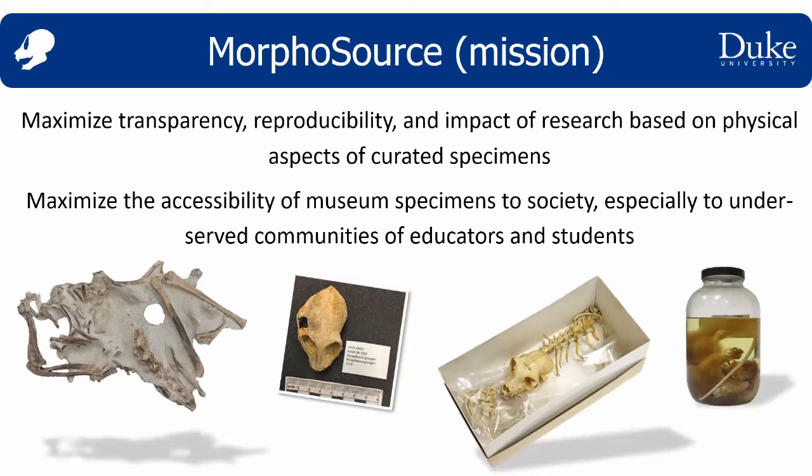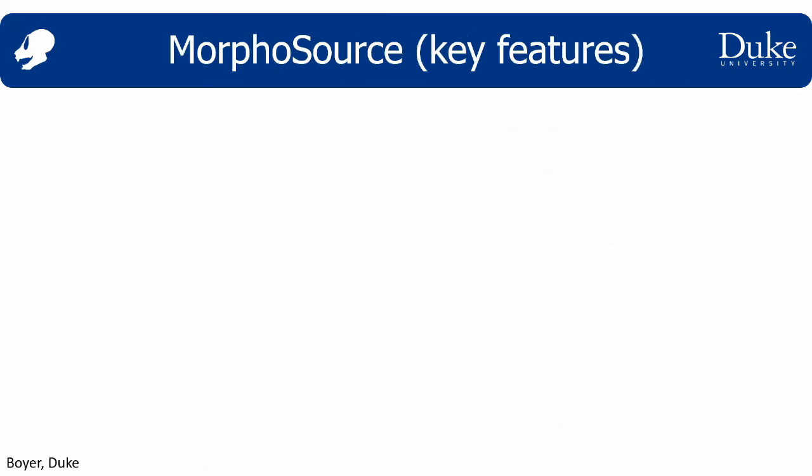So the mission of MorphoSource is primarily to maximize the transparency, reproducibility, and impact of research based on physical aspects of curated specimens. Secondarily, or maybe co-equally, we want to maximize the accessibility of museum specimens to society, especially underserved communities of educators and students.